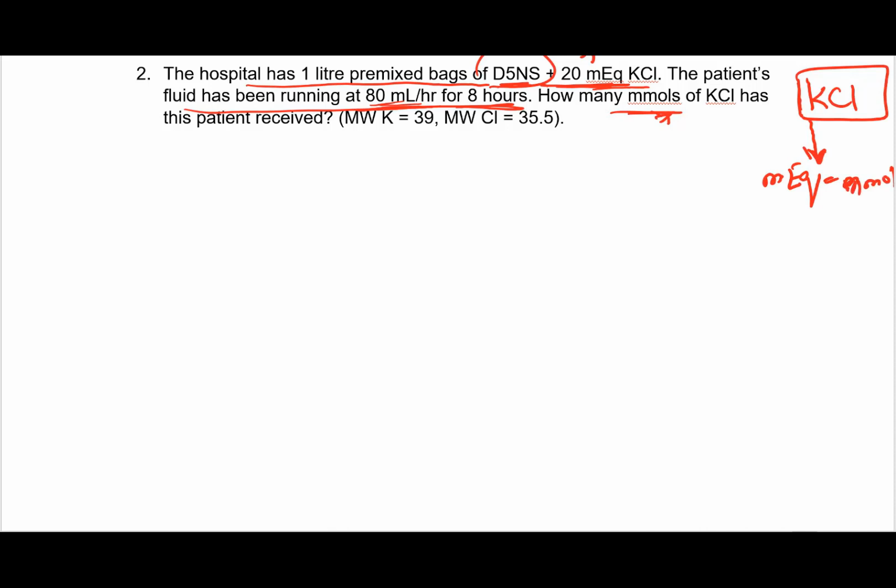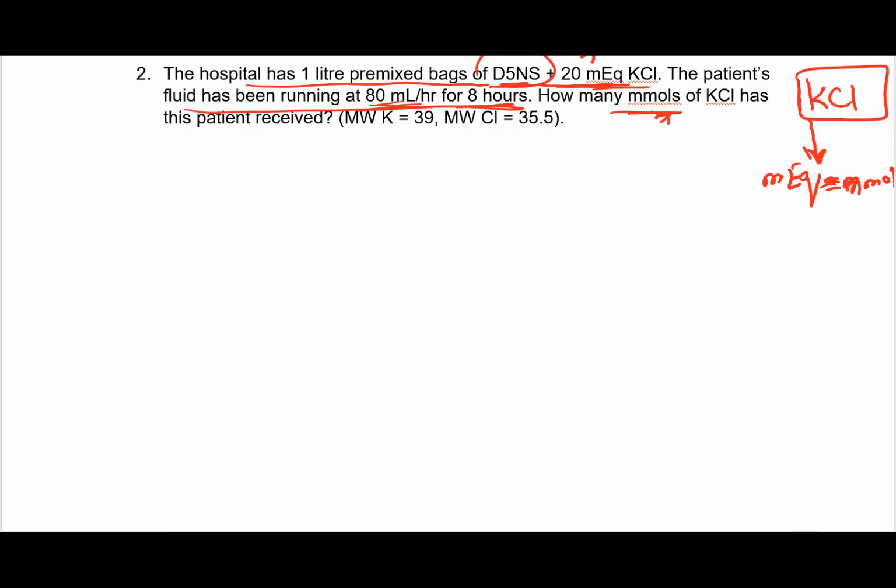Which commonly used compounds have valency 1? There is another file I have uploaded which gives you information about which commonly used compounds have valency 1 and 2. KCl is one of those compounds which have valency 1, and for these compounds milliequivalent is the same as millimole.